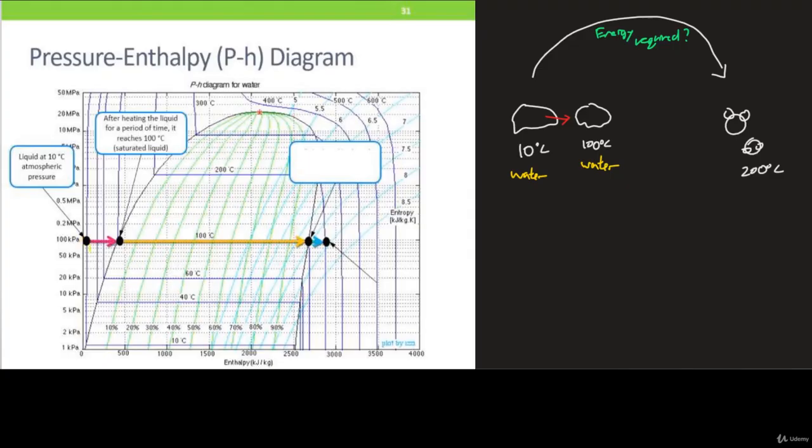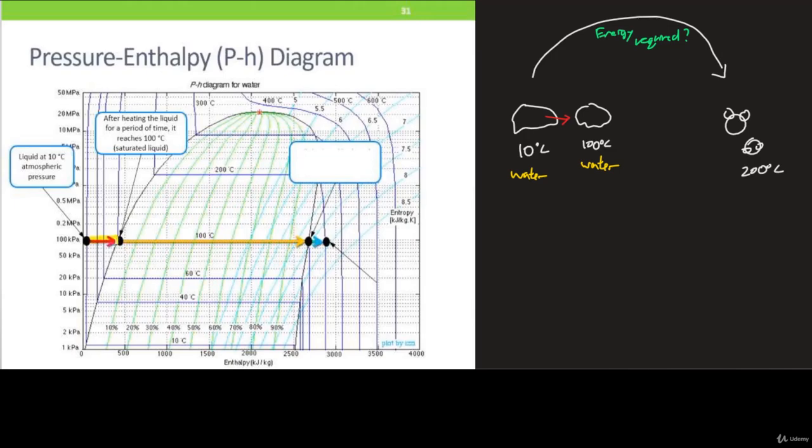The temperature will increase to 40, 60, 80, and finally it reaches the saturation liquid line, which is actually at 100 degrees Celsius.